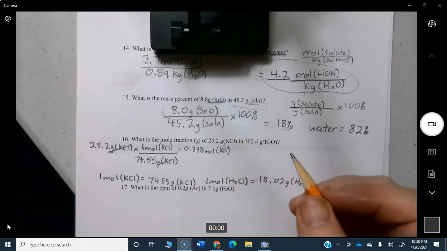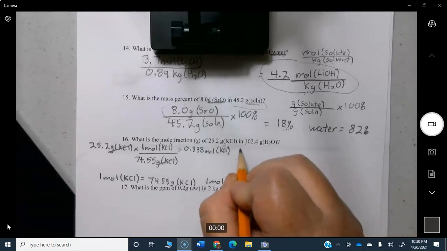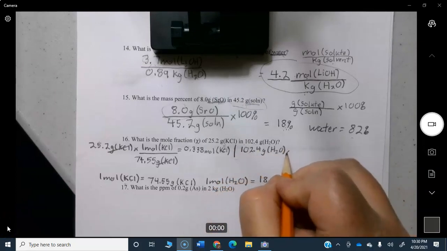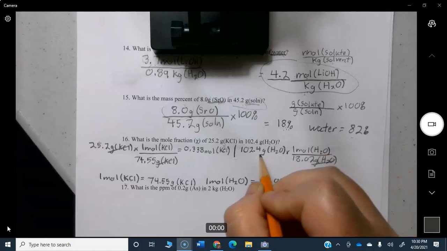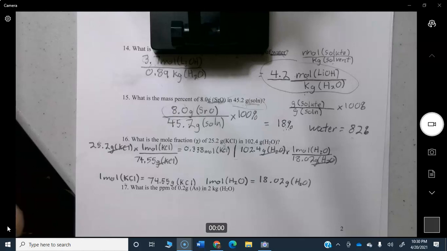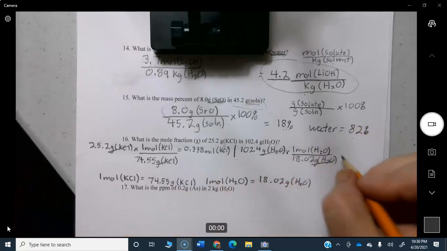So that's going to be 102.4 grams. We need moles on top, grams on bottom. Grams H2O cancels. So it's going to be 102.4 divided by 18.02, and that's going to give us 5.68 moles.